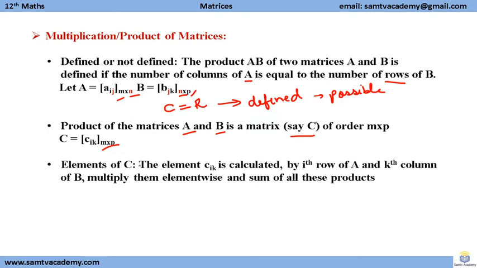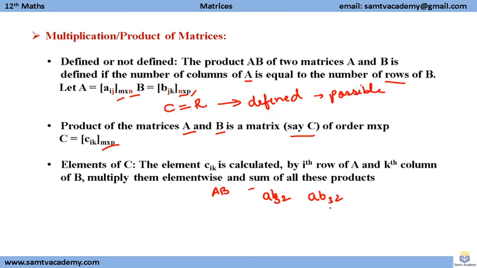Next, if we want to calculate a single element of the product of two matrices A and B, suppose the element is (AB)32.